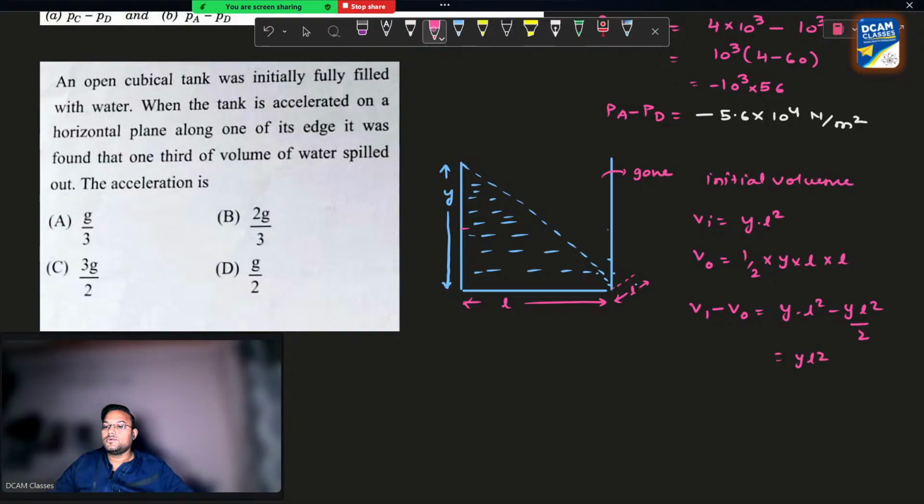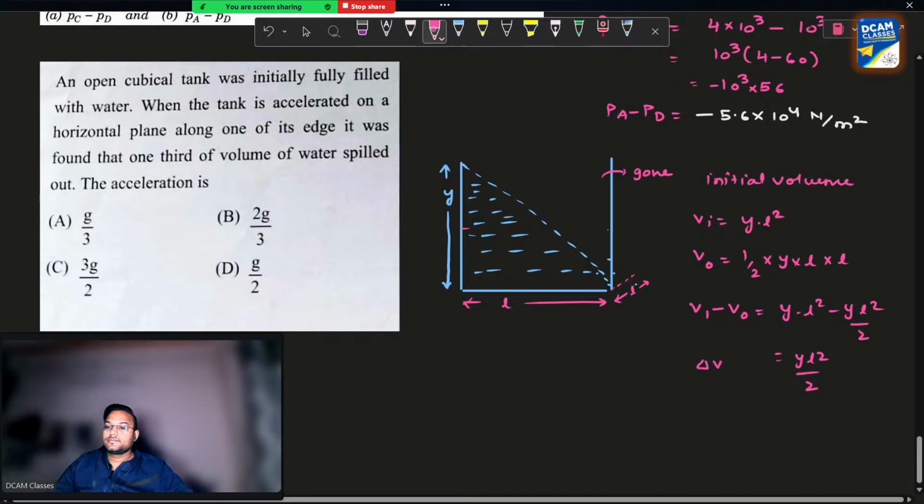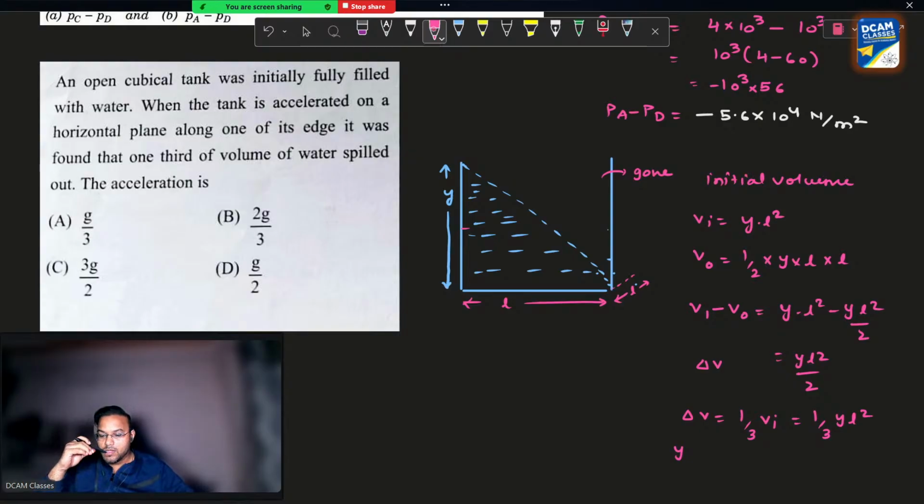That's Y into L square upon 2, delta V. And they say delta V is equal to 1 by 3 of Vi, 1 by 3 into Y L square.